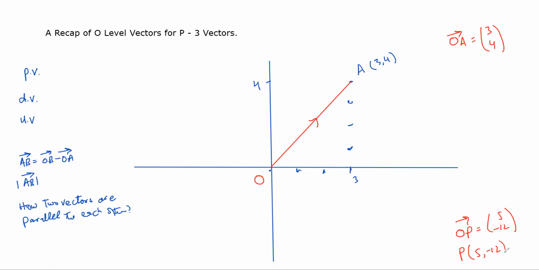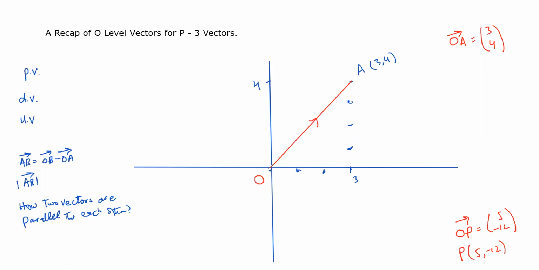Since the coordinates tell us the position of a point from the origin, similarly position vector is doing the same. There is only the difference of the way we are writing them. This position vector is written as a column vector, as a matrix, okay? And we write this point P in the coordinates form, using these brackets, writing first the X coordinate and then the Y coordinate, okay?